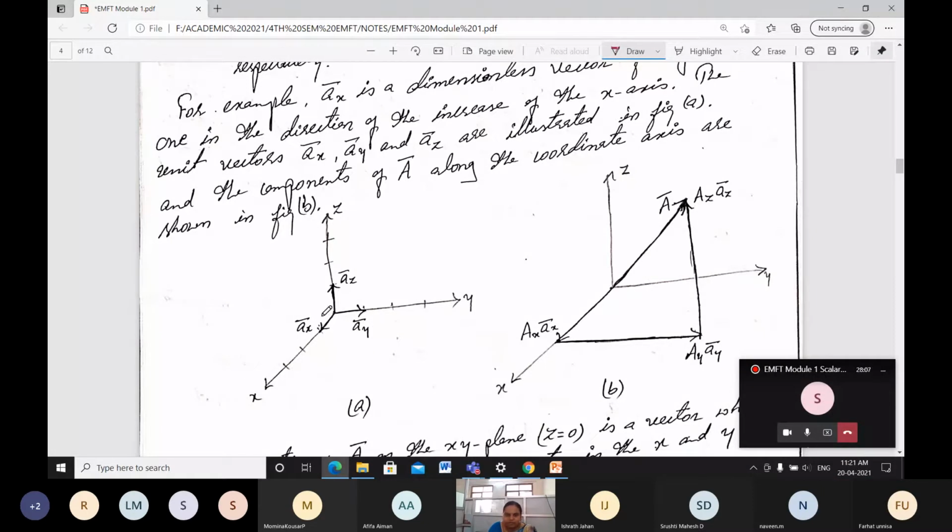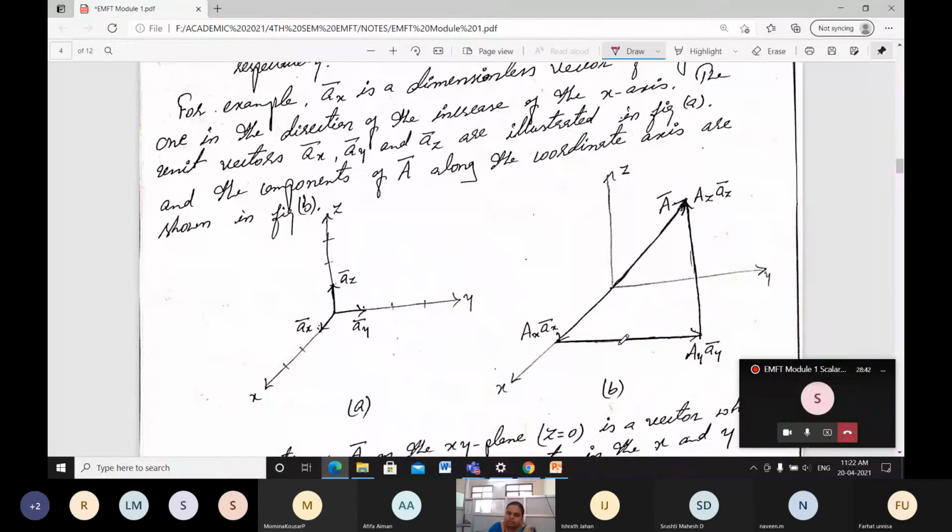Here we have shown how Ax, Ay and Az are represented in three dimensions. With the scalar quantity, we have Ax bar, then in the same way Ay bar, and here Az bar. These are the main components of vector A, and it is like a vector addition.